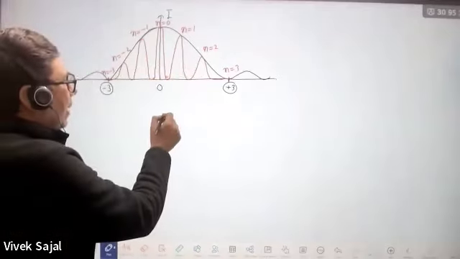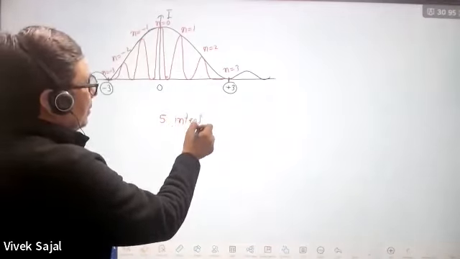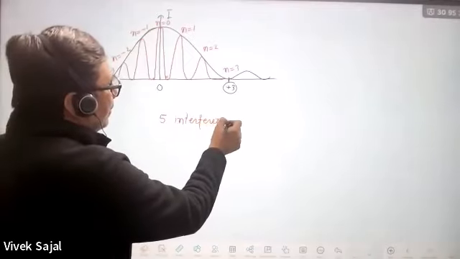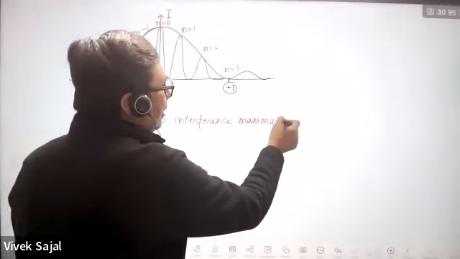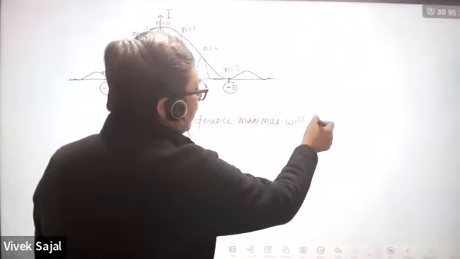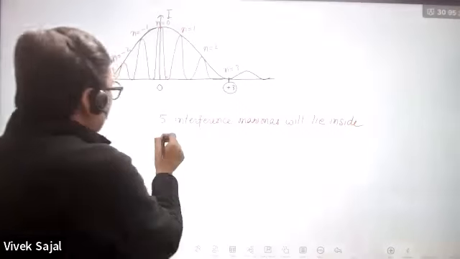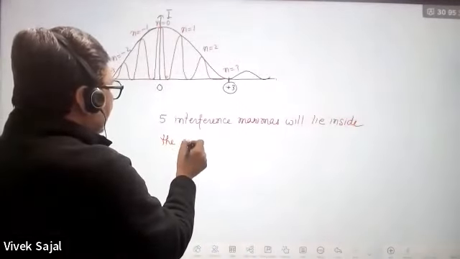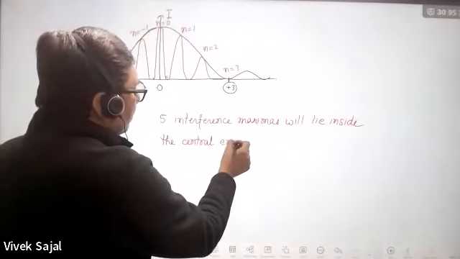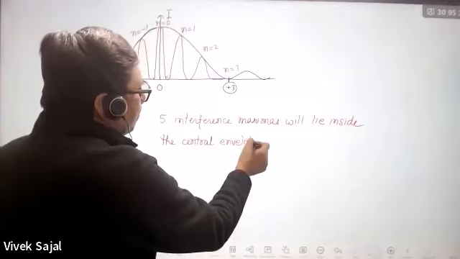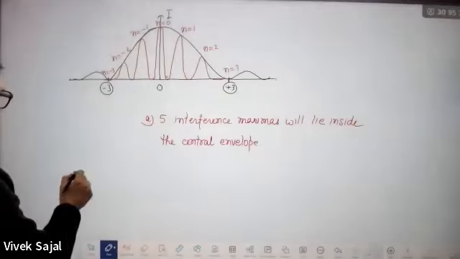So 5 interference maximas will lie inside the central envelope.